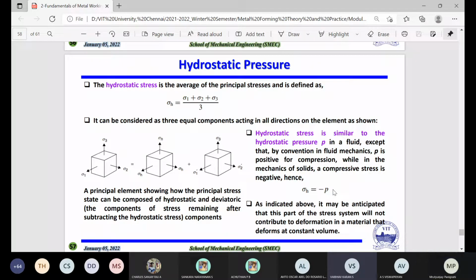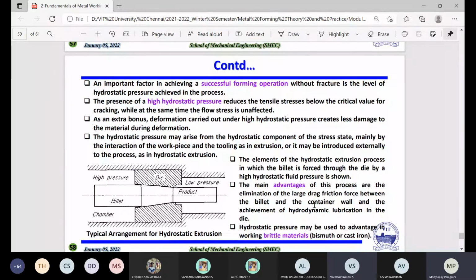One more schematic diagram I mention here is about the hydrostatic stress or pressure. You also have to understand why the pressure is important. On the left-hand side we have the billet, the die, the product, and the chamber.